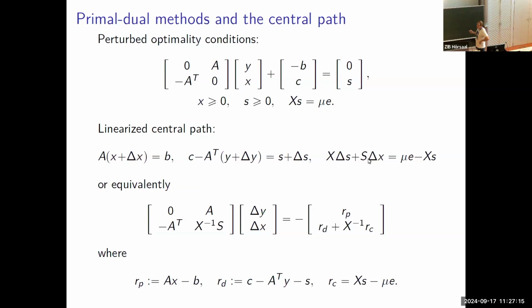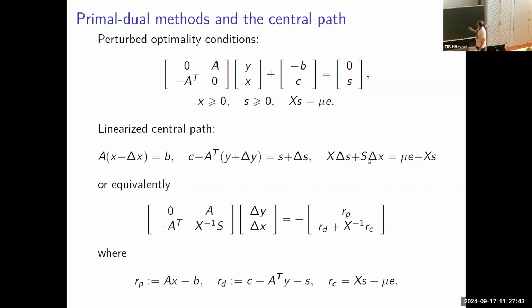And as we decrease mu towards 0, we expect to converge to an optimal solution. So this is a different way to just write this central path. And the rest of the talk is just going to be, how do we linearize this central path and solve it with Newton's method? And that's essentially what a primal-dual interior point solver does.